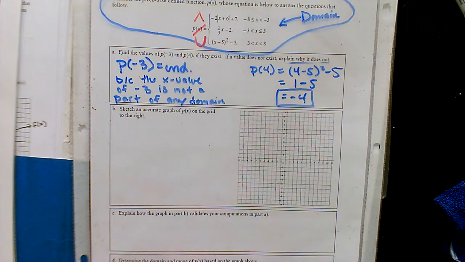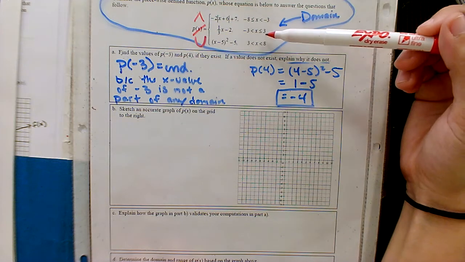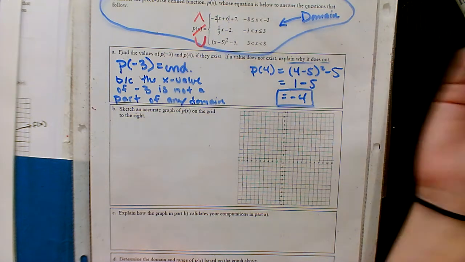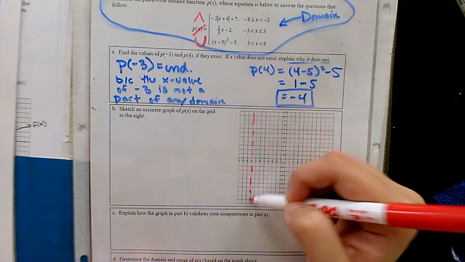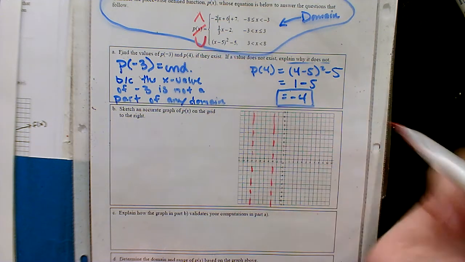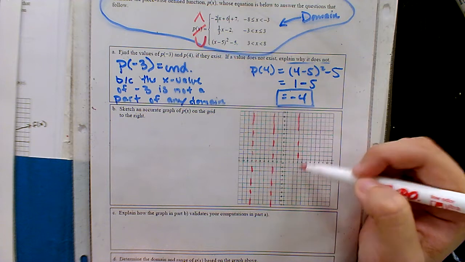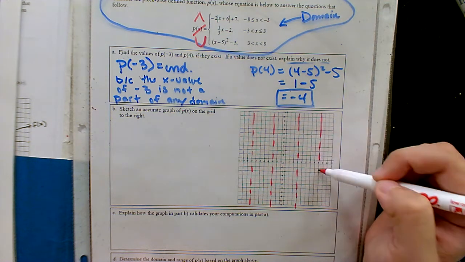So now that we have the basic shapes, we should be anticipating those on our grid. Let's go ahead and section off our pieces based off the domains. So -8, and then -3, +3, and +8. Okay.